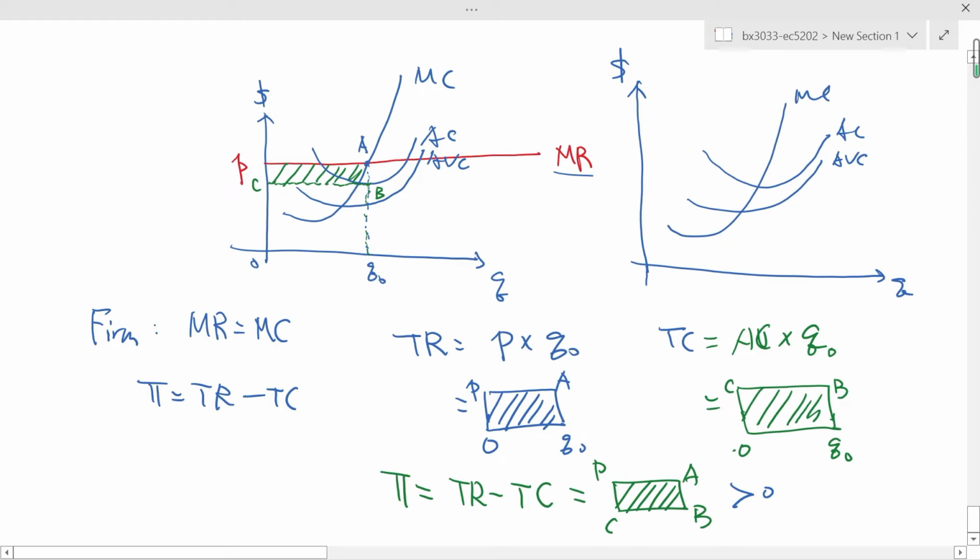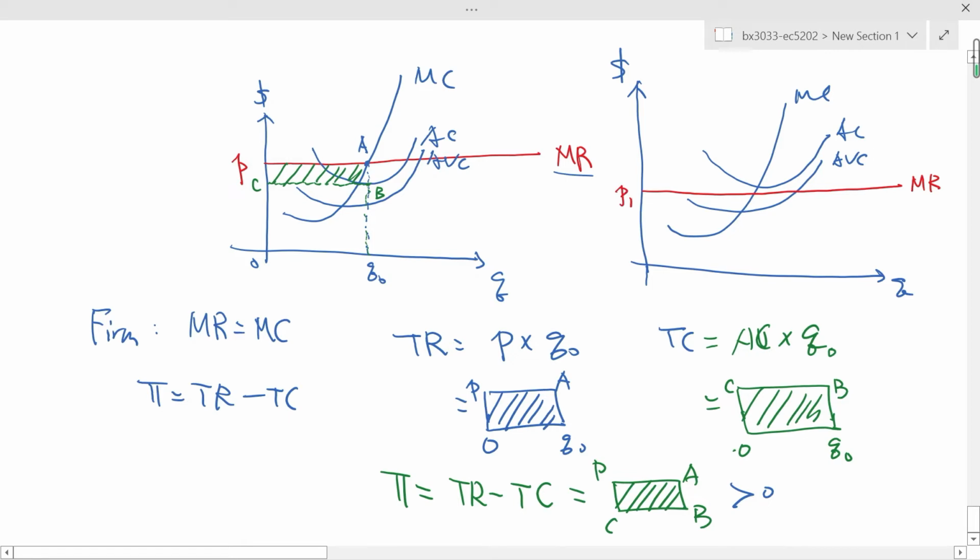And let's say the price, rather than being the same as before, I'm going to decrease to this. So the price decreases, and again this is my MR curve. Let me call it P1.